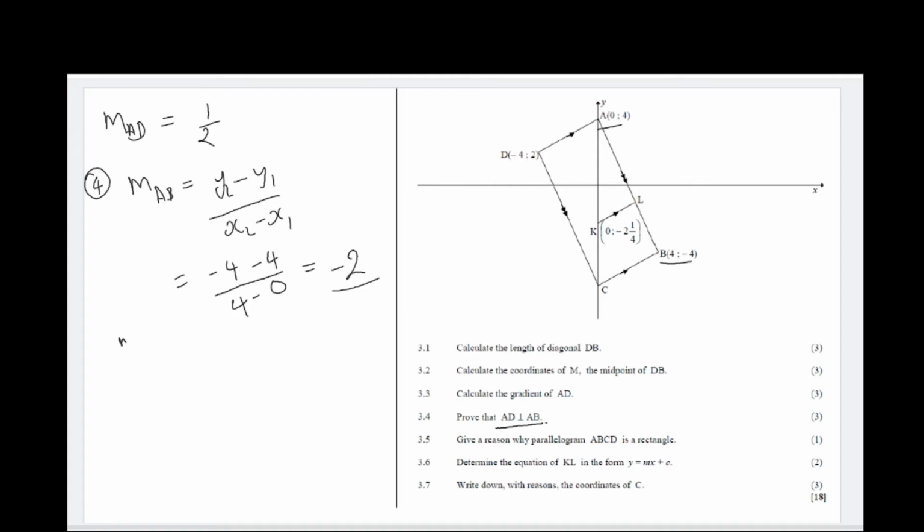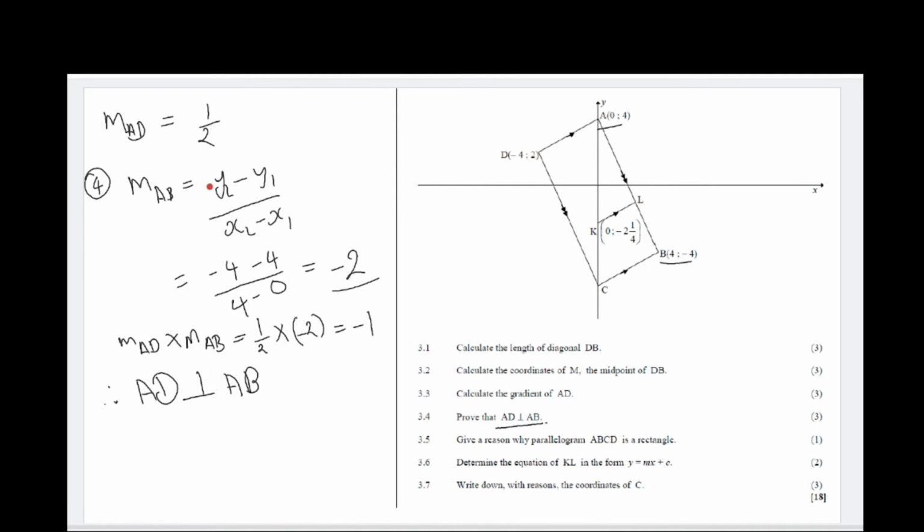By saying that MAD multiplied by MAB will be equals to 1 over 2 multiplied by negative 2, and then you get an answer of negative 1. Then you say therefore AD is perpendicular to AB. So this is how you write it.